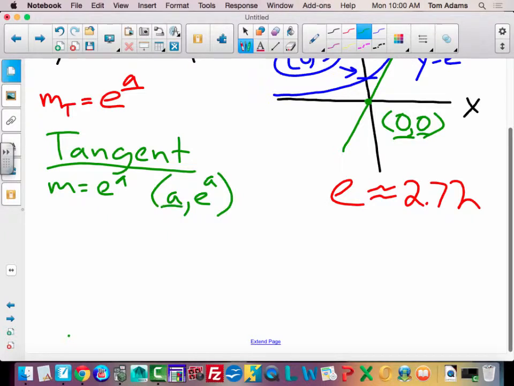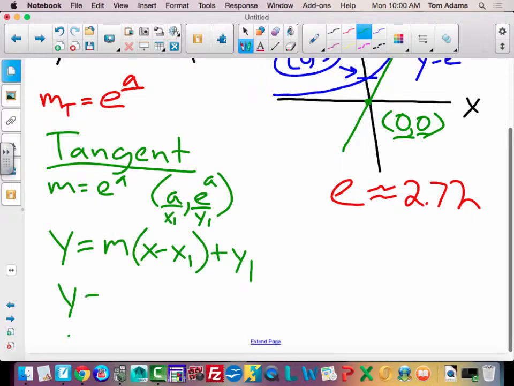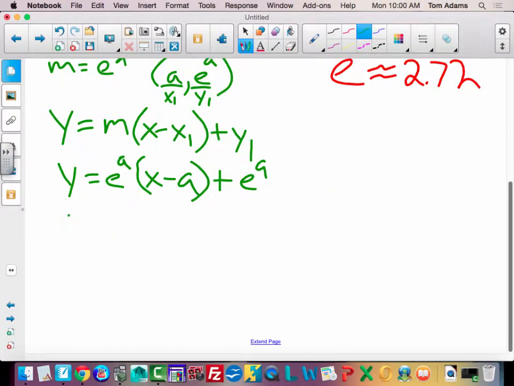So it passes through the point a, comma, e to the a. Now remember that we use the point-slope form, which is y equals m times the quantity x minus x sub 1, plus y sub 1, where this is x sub 1 and this is y sub 1. So we get y is equal to e to the a times the quantity x minus a, plus e to the a.